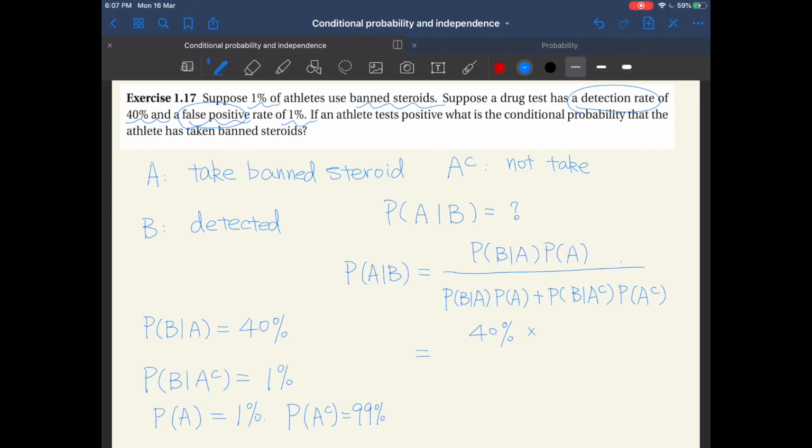That is 40% multiplied by 1%, divided by 40% multiplied by 1% plus 1% multiplied by 99%. So eventually, your answer would be 28.77%.